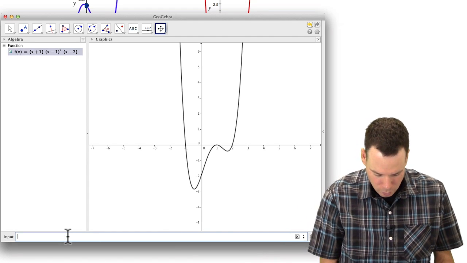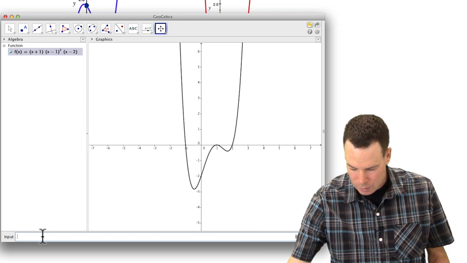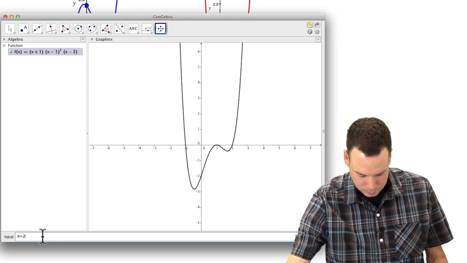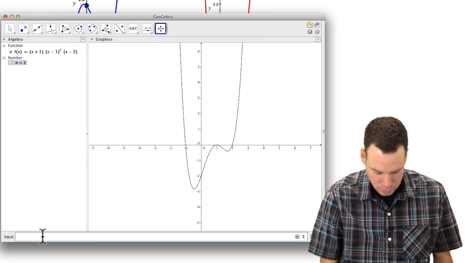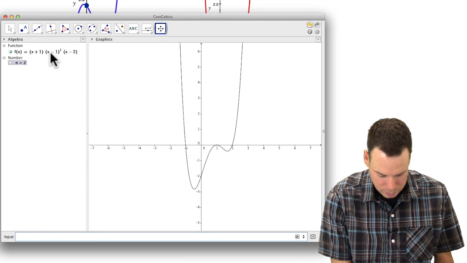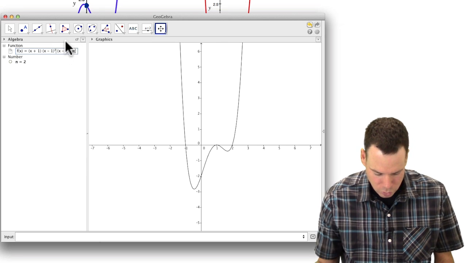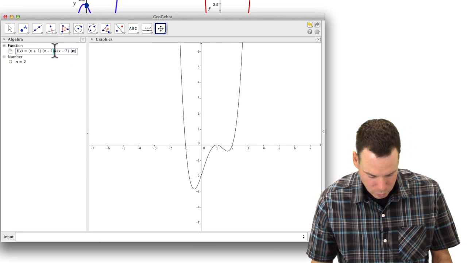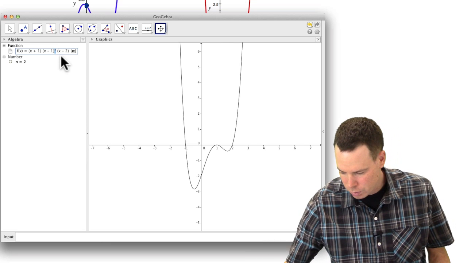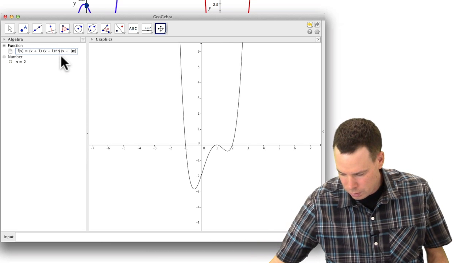So I've plotted it. What I'm going to do is I'm going to just introduce a slider. And what I'm going to do with this slider is I'm going to change my exponent. Instead of being 2, I'm going to change that exponent to be n. So we'll go n.